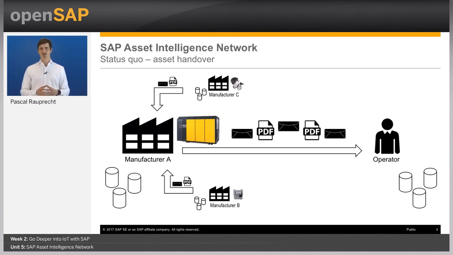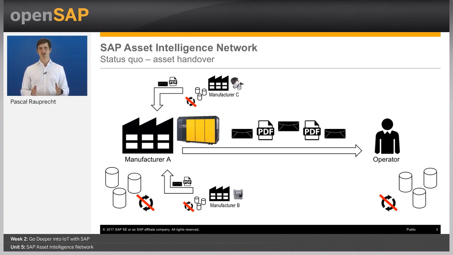This data, as mentioned, comes in a semi-digital way, letters, emails, and is then put by one of the colleagues at the operating company into the backend system. All of those steps are not integrated. So we always have someone pulling data from somewhere and sending it to someone else.